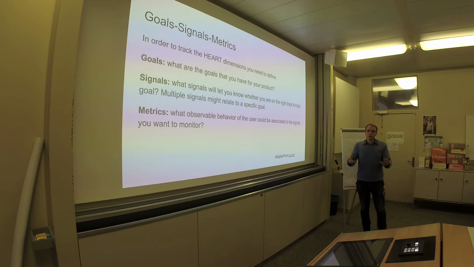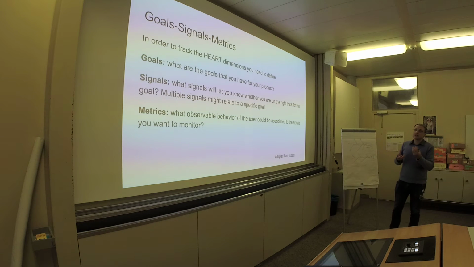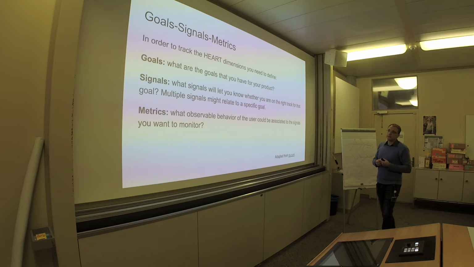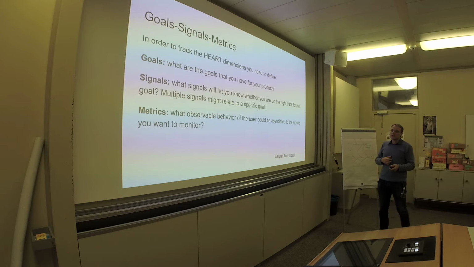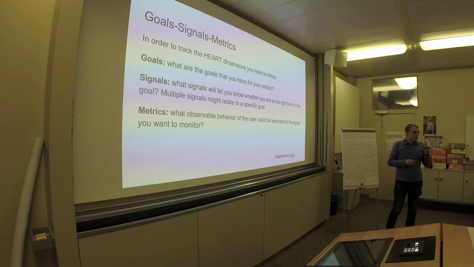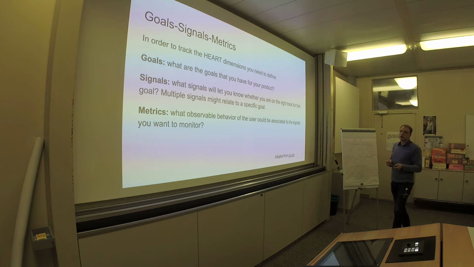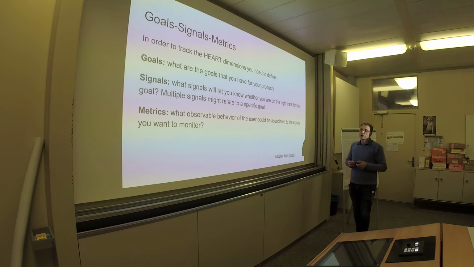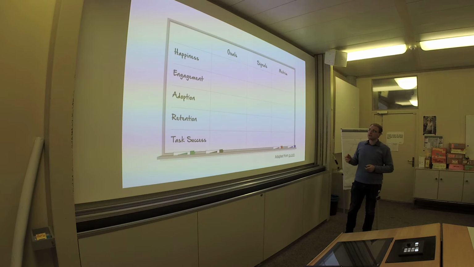What kind of measurements can you use to say whether you have achieved that goal or not. And metrics are more specifically the observable behavior that you're going to study in order to understand whether the goals are met.